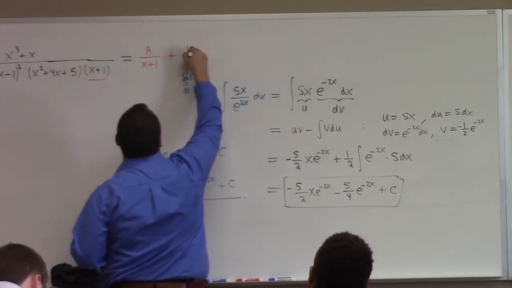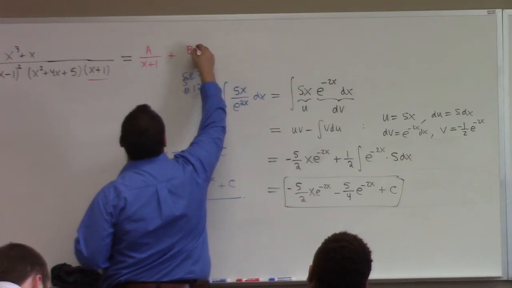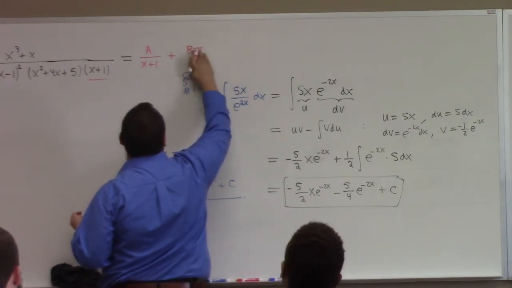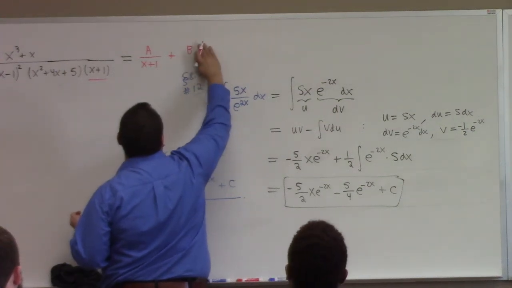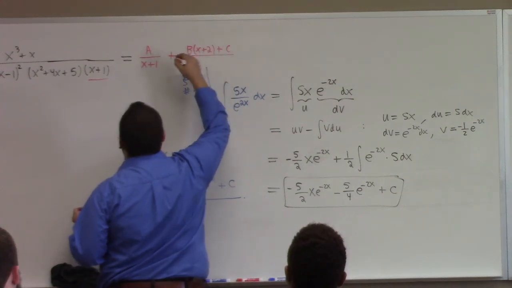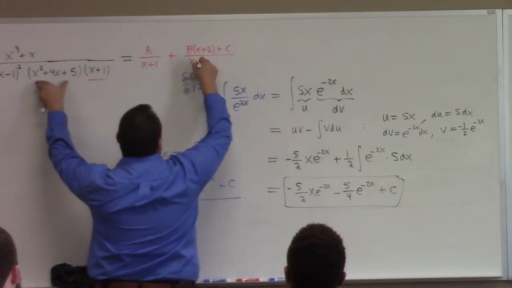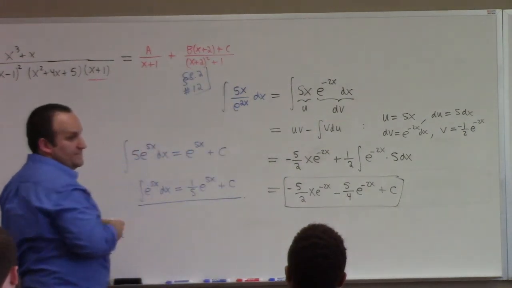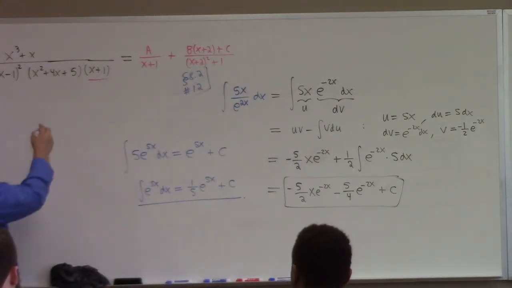I like it. B. Now you can do bx plus c if you like, but what I've been encouraging you to do here would be something like b times x plus 2 plus c, and this is really x plus 2 squared plus 1, right? That's my point. That's completing the square here.